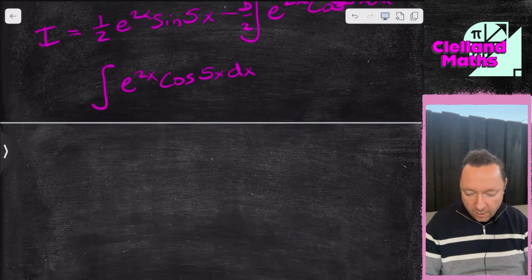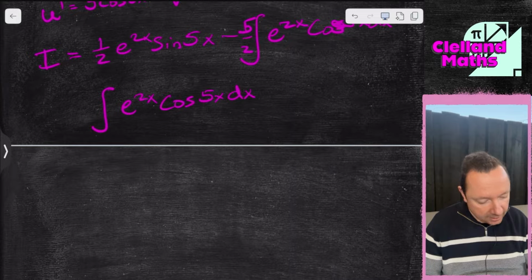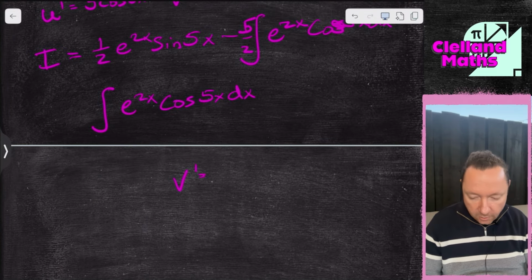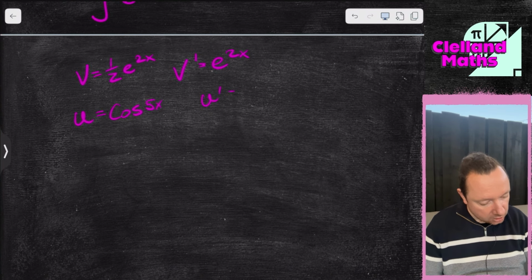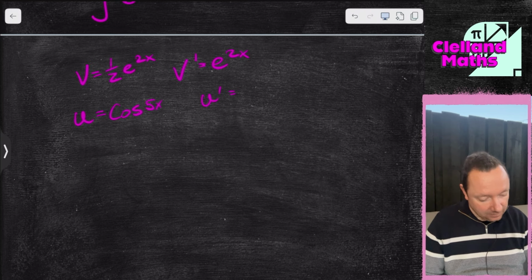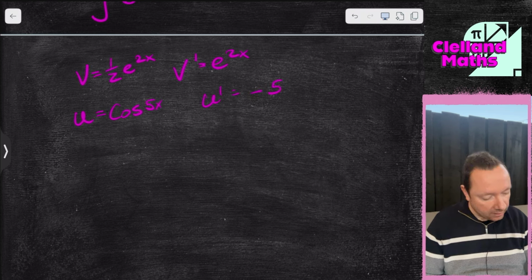So let's look at the integral of e to the 2x cos 5x dx. So we'll just start again with that. Let's say that we'll let v dash equal e to the 2x. So v is equal to a half e to the 2x. U is cos 5x. This means that u dash is equal to cos integrates to sine. No. So u dash is equal to cos differentiates to minus sine times 5.